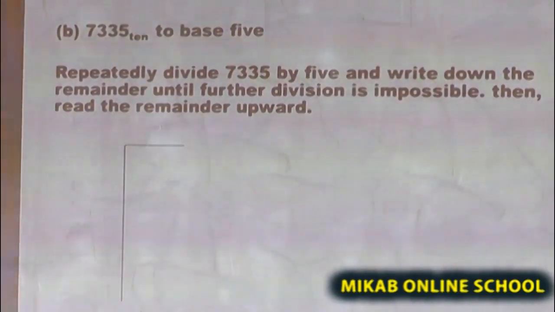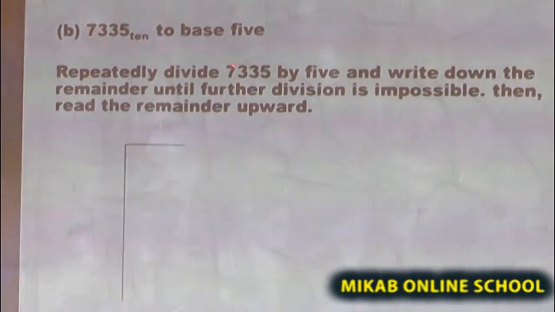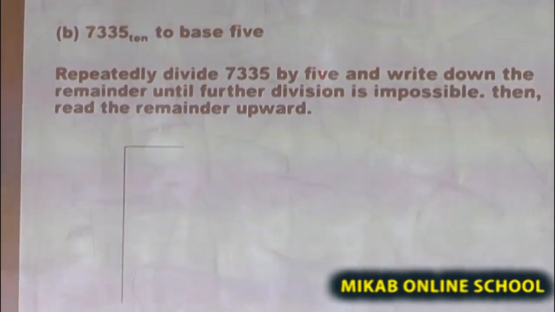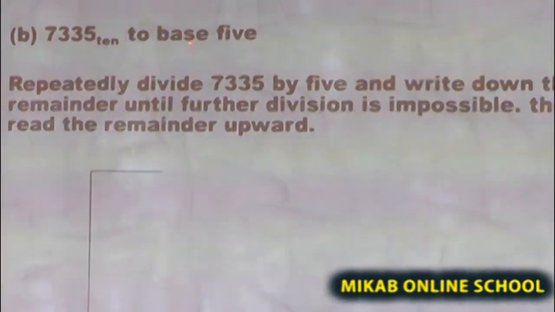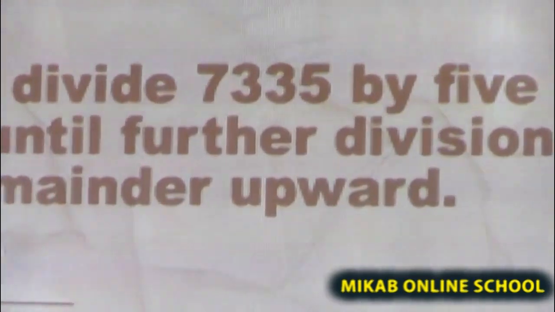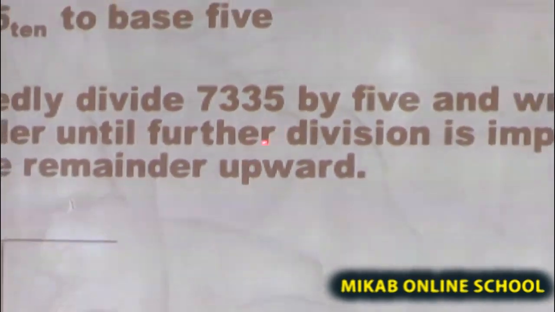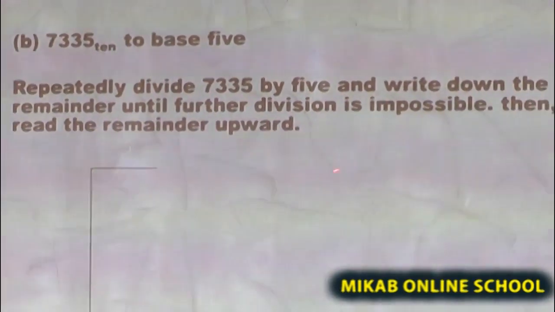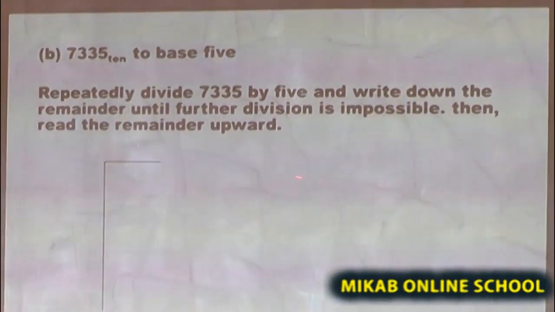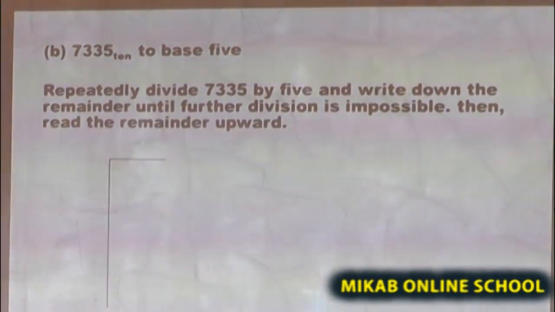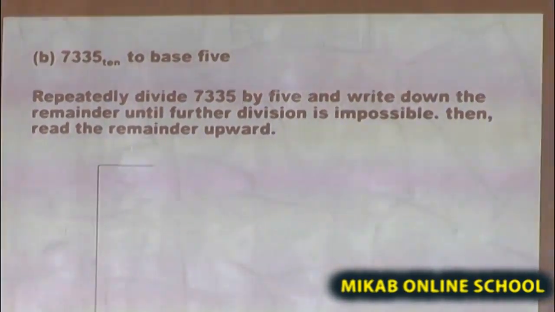Please listen again. Repeatedly divide 7335, which is the base 10 number we have, by 5. This 5 is the base we want to change into. So we are going to keep dividing it by 5. And we are not just dividing by 5, we are writing down the remainder. Please take note.